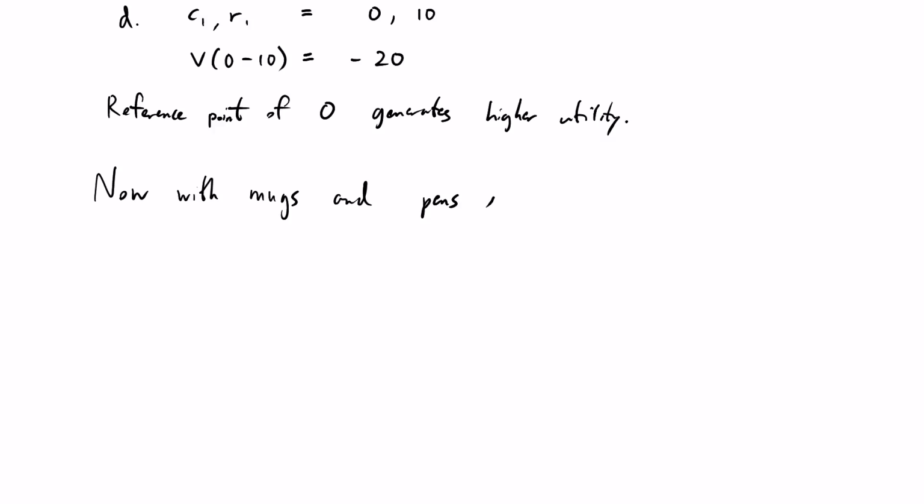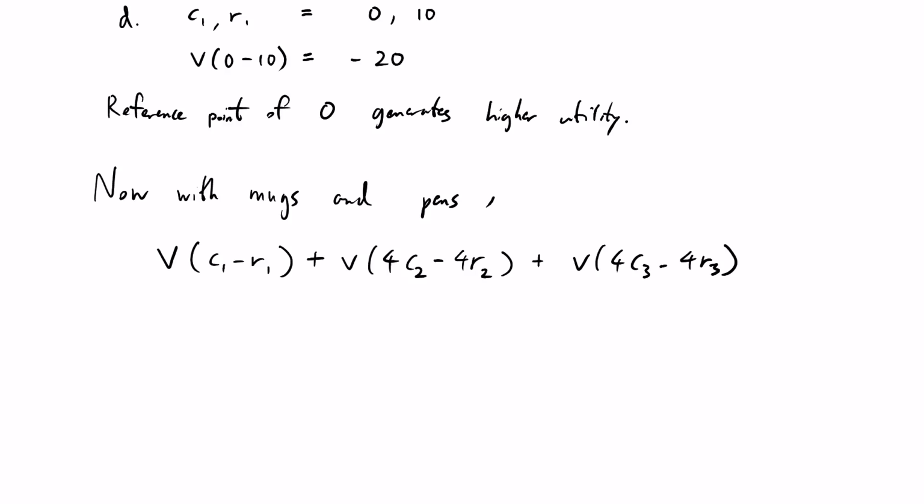So now the utility is going to be v(C1 minus R1) plus v 4 times C2. There's a typo in the handout. It's 4 times C2, not C3. So it's 4 times C2 minus 4 times R2 plus v 4 times C3 minus 4 times R3.